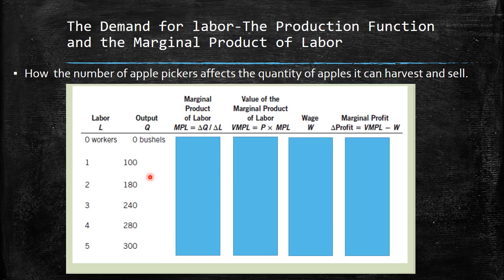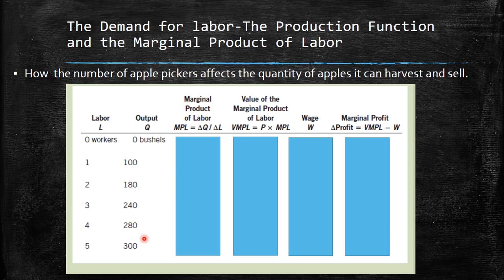You realize that the jump from 1 to 2 is larger than from the second to the third, and so on and so forth. This is what we call in economics the diminishing return of labor.